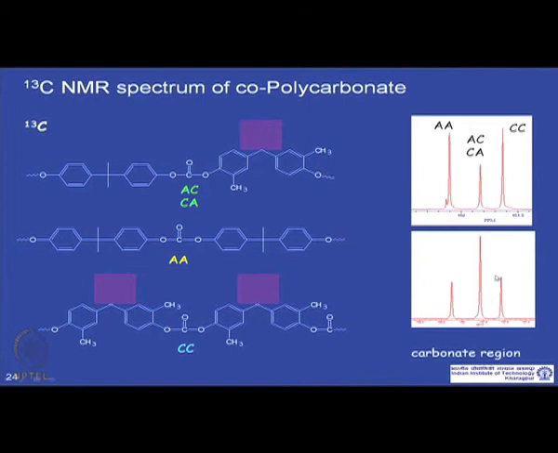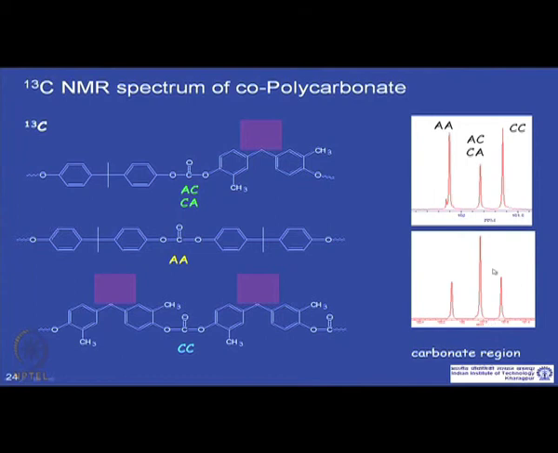This is where it exactly happens. So, from this NMR spectrum, we can say that in this process we get a statistical random copolymer, whereas in this case you can see that the tendency of formation of AA type carbonate and CC type carbonate is much higher than the AC or CA type carbonate, which means the polycarbonate here is more of a blocky nature.